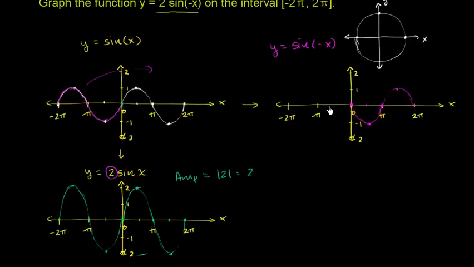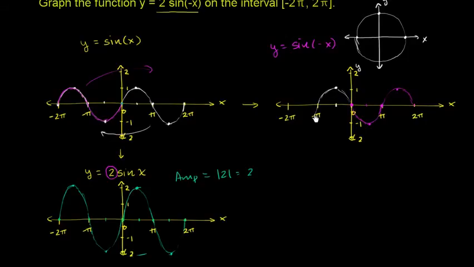And by that same logic, when we go in the negative direction, when x is equal to negative pi over 2, you have that negative in front of it, so it's going to be sine of pi over 2. Well, it's going to be equal to 1. And you can flip this over the y-axis. So essentially what we have done is we have reflected the graph of sine of x over the y-axis. This is the y-axis here, of course. So we have reflected it.